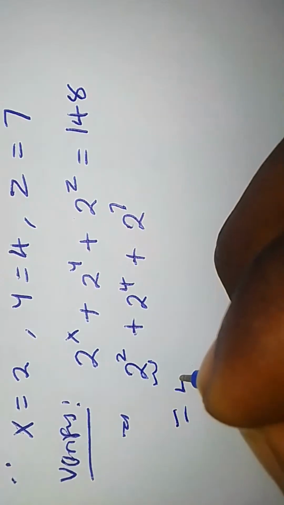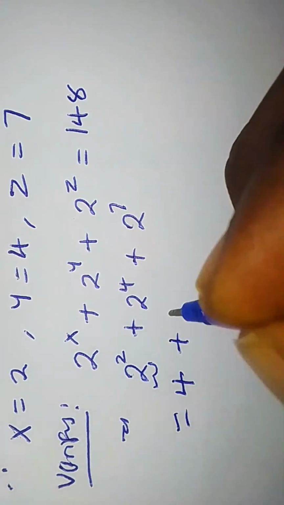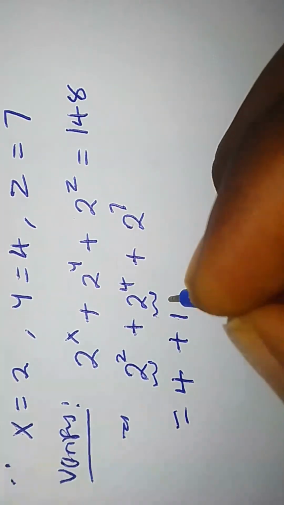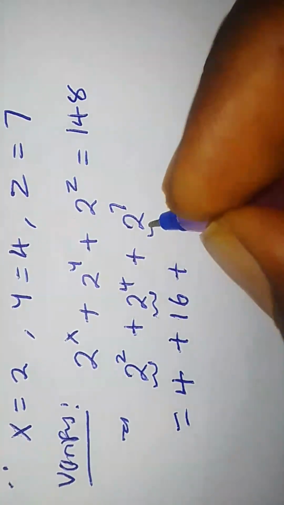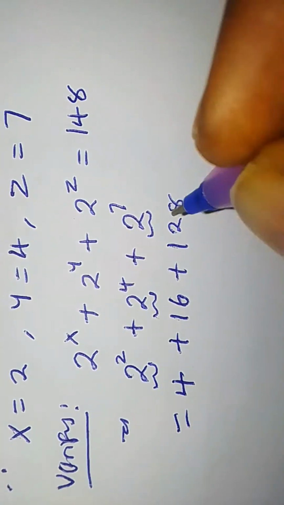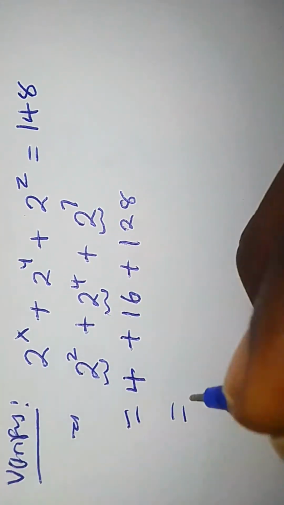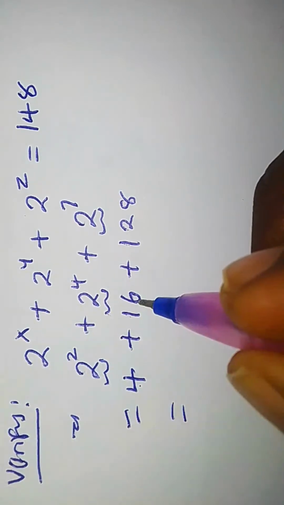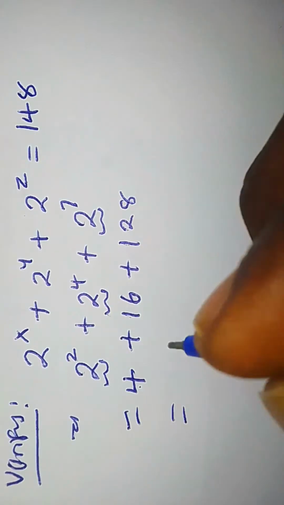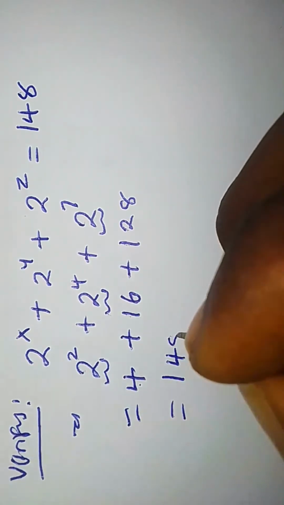That is simply 4 plus 2 raised to the power of 4, that is 16, plus 2 to the power of 7, that is 128. This is equal to 4 plus 16, that is 20, plus 128, that is 148.